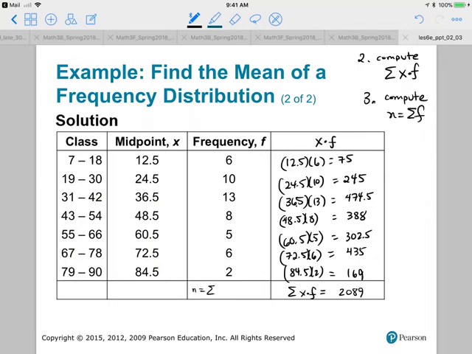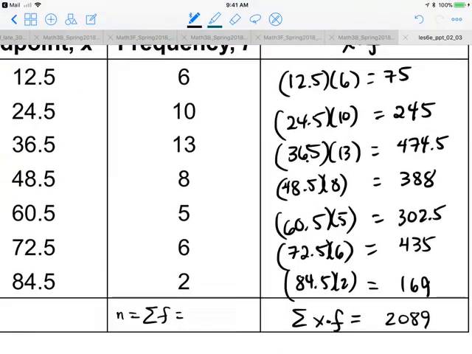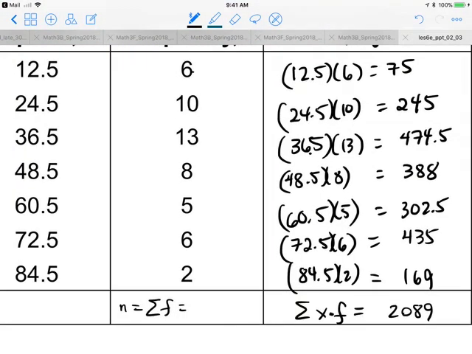We just need to add these numbers. 6 plus 10 is 16, plus 13 is 29, plus 8 is 37, plus 5 is 42, 48, 50. I did it in my head, but you just add up all these numbers: 6 plus 10 plus 13 plus 8 plus 5 plus 6 plus 2, and you should get 50.